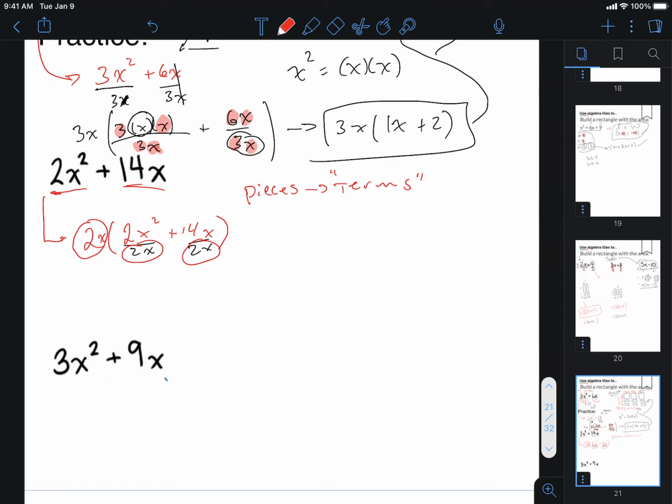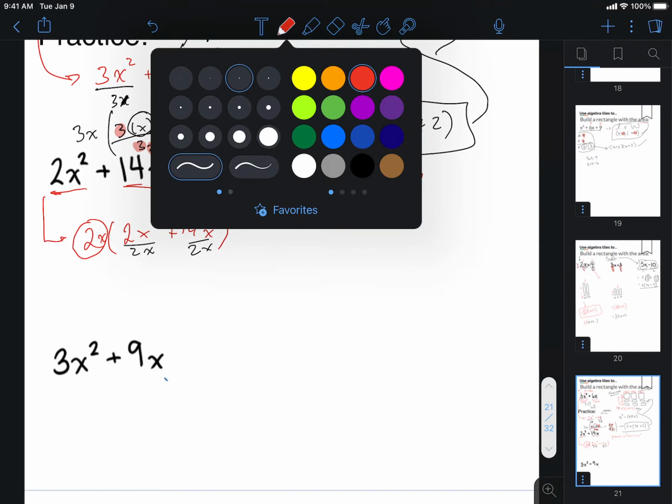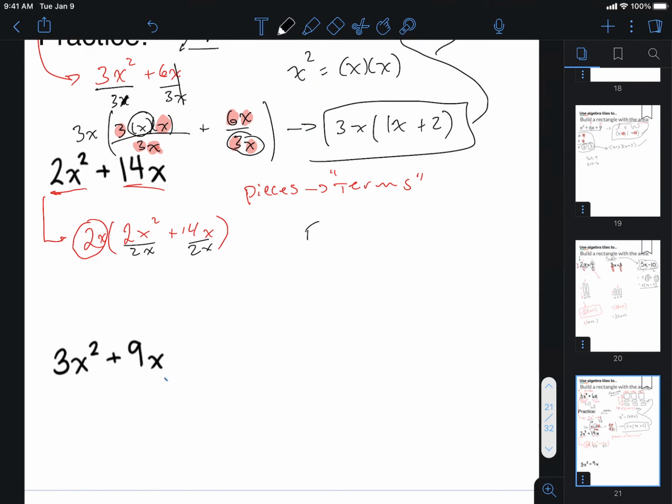What we're doing is what's called finding the greatest common factor, or GCF.